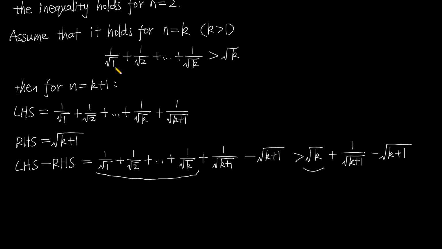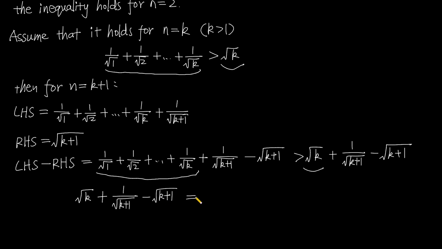Because we assume this guy is larger than this guy. Then go ahead. Let's check this guy. Plus 1 over square root of k plus 1 minus square root of k plus 1.